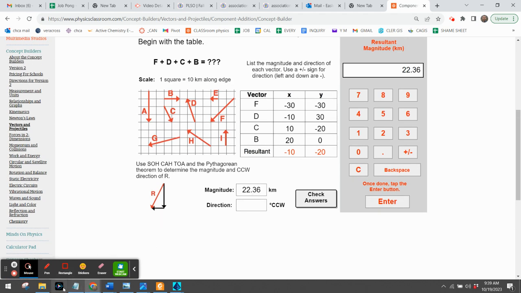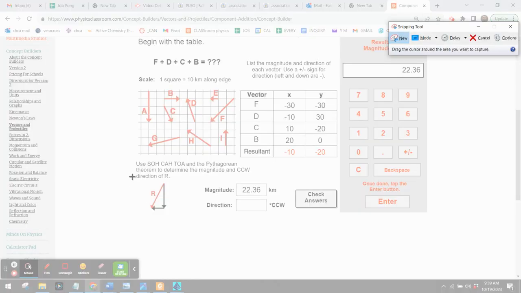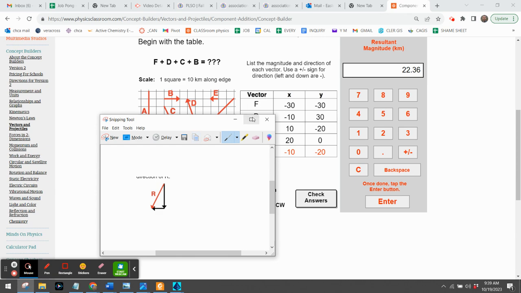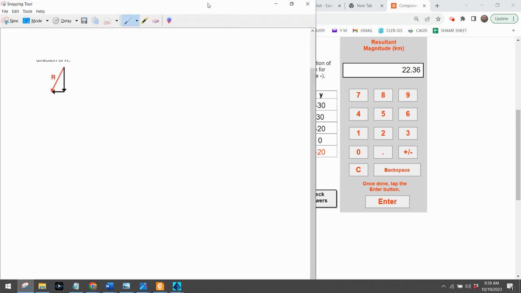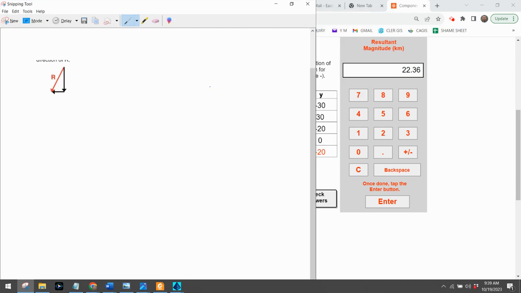So let's discuss how we would solve that. The first thing I'm going to do is sketch that again. So if we have here a triangle, one side is 20, one side is 10, and then one side, as we discussed, is 22.36. So let's label those.